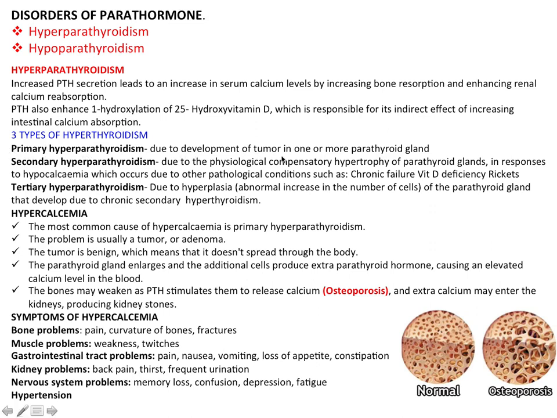It is due to the development of a tumor in one or more parathyroid glands. Second is secondary hyperparathyroidism. It is due to the physiological compensatory hypertrophy of the parathyroid gland. And tertiary hyperparathyroidism is due to hyperplasia, or abnormal increase in the number of chief cells of the parathyroid gland. It develops due to chronic secondary hyperparathyroidism.